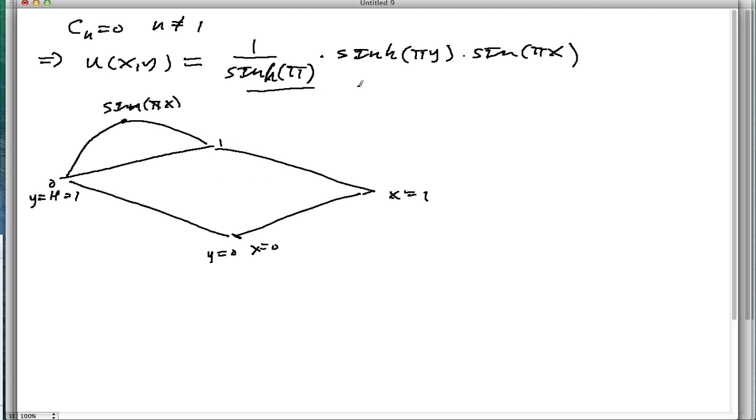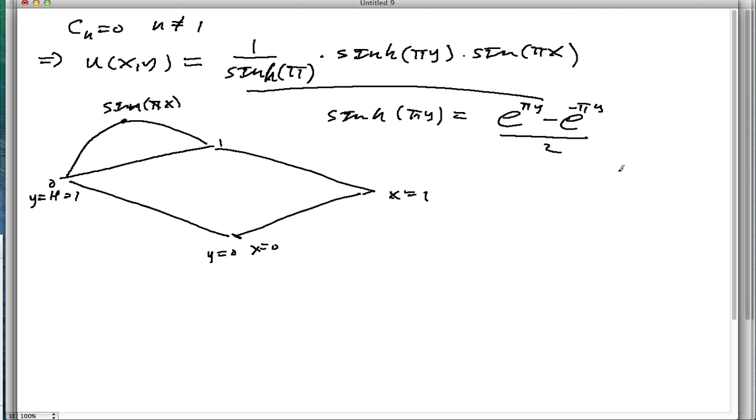So now we have a formula for it. So for every x value, there's this sort of shape here. But what does this do? So remember, sinh of pi y is going to look like e to the pi y minus e to the negative pi y, all over 2.